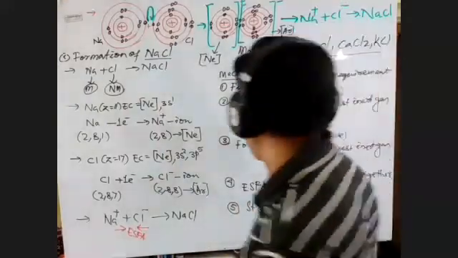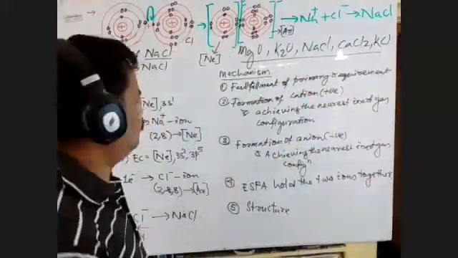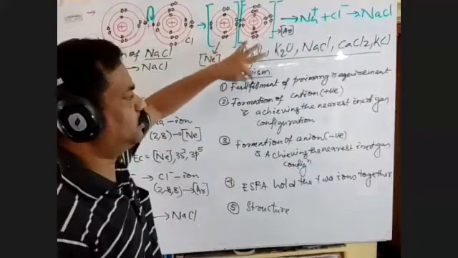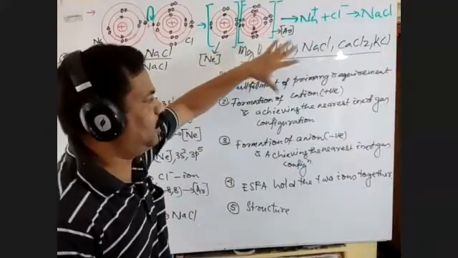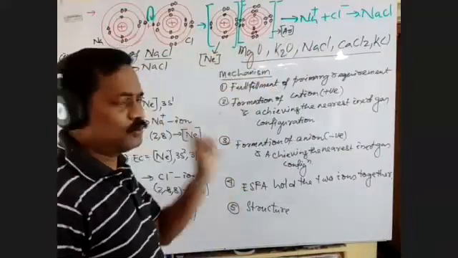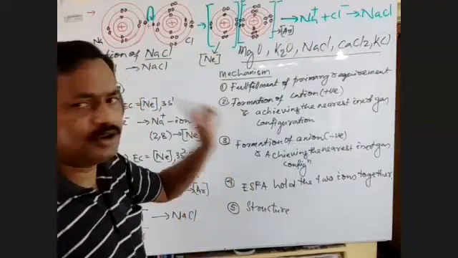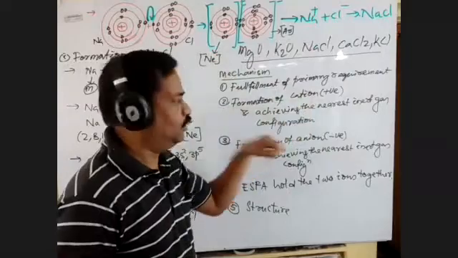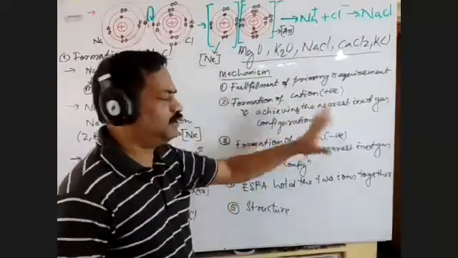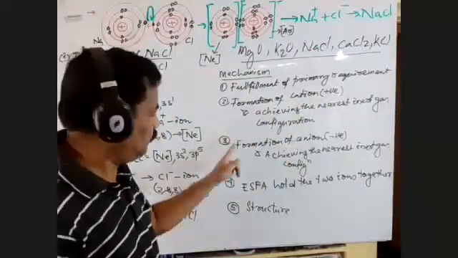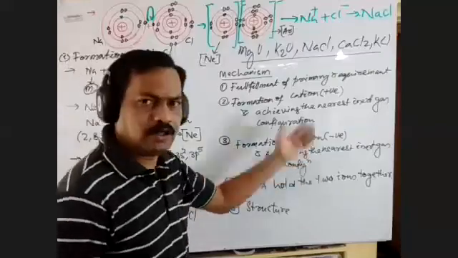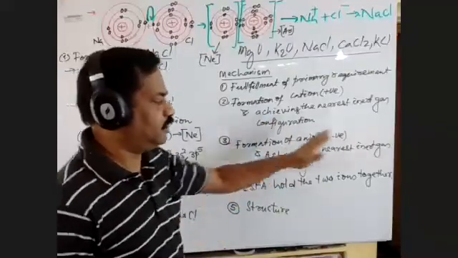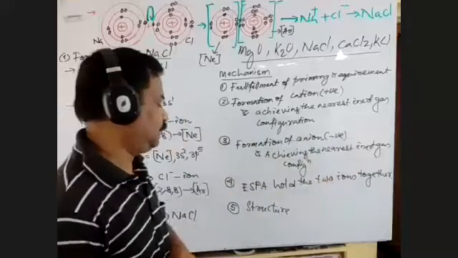So remember this point, the mechanism of formation of any ionic bond. The first point is fulfillment of the primary requirement, which means one should be a metal and one should be a non-metal. Second, formation of cation by losing electron and achieving the nearest inert gas configuration. Third, formation of anion by gaining electron and achieving the nearest inert gas configuration.